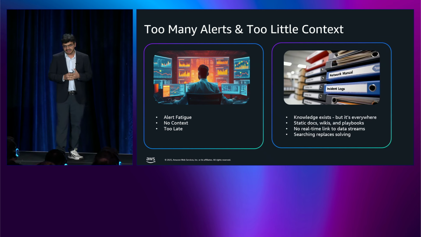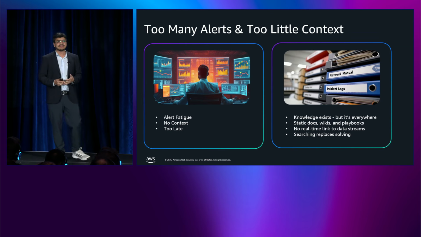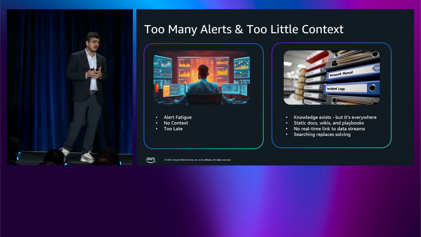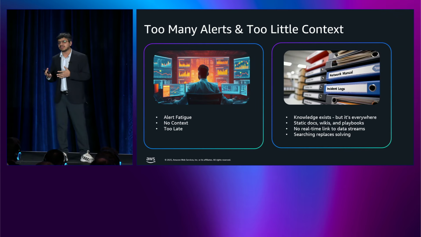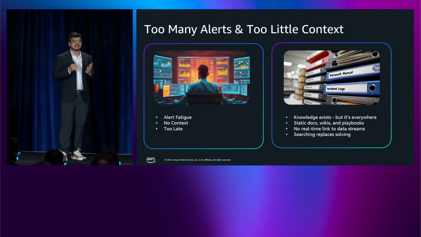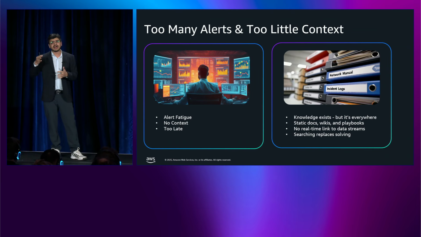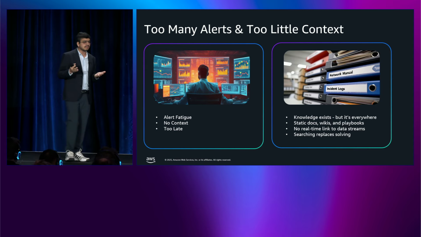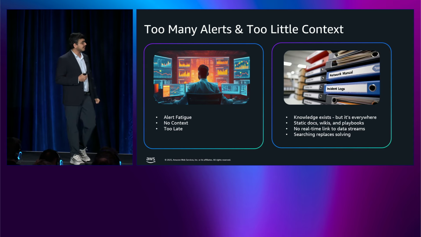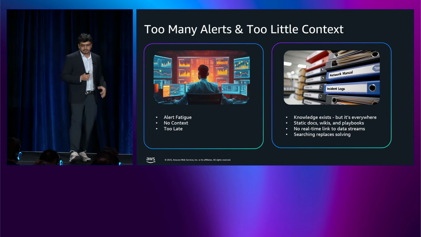But the irony is that every organization has some sort of data. You might have Confluence pages or wiki pages where you have the SOPs or runbooks, where you have seen those kinds of issues in the past. But those answers exist in PDFs, which could be, say, a 500-page manual or playbook.